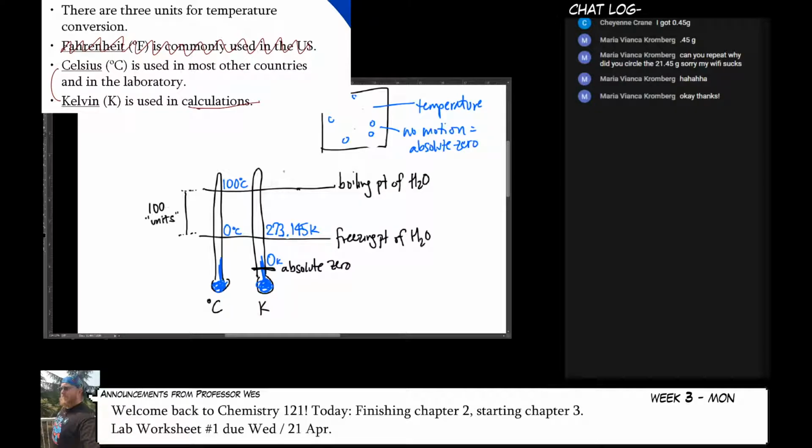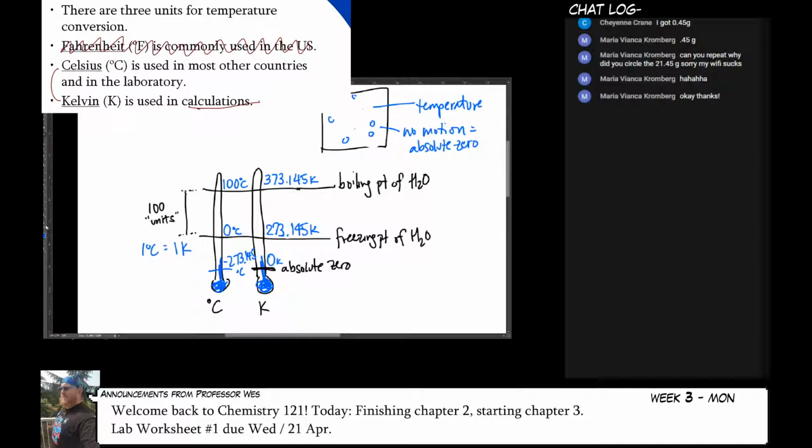And because there are 100 units here, the boiling point is 373, because 1 Celsius and 1 Kelvin are the same thing. It's just where we've set 0. By the same token, absolute 0 for Celsius would be negative 273.145 degrees Celsius. You don't really need to know that, but it's some information about the temperature scale.